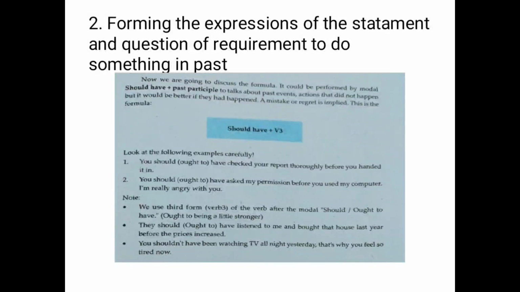Note, we use the third form, verb 3, after the modal should or ought to have, ought to being a little stronger. They should/ought to have listened to me and bought that house last year before the prices increased. You shouldn't have been watching TV all night yesterday. That's why you feel so tired now.